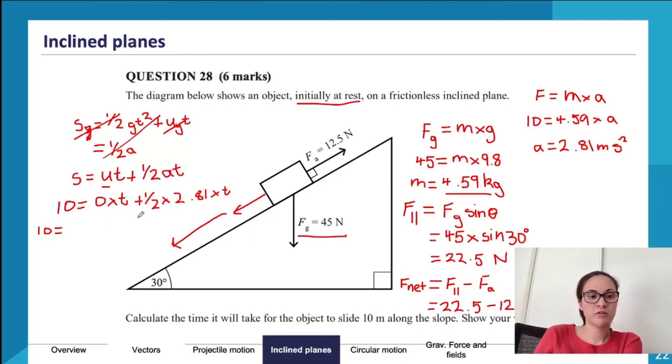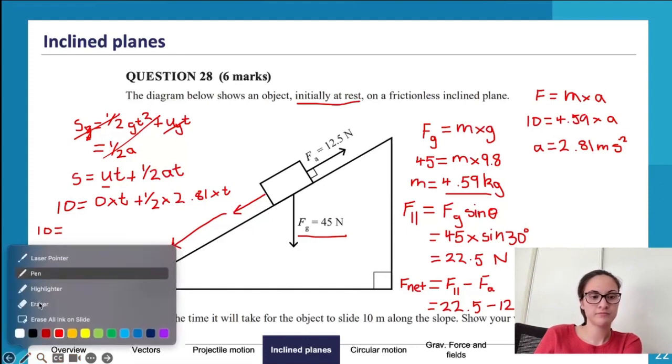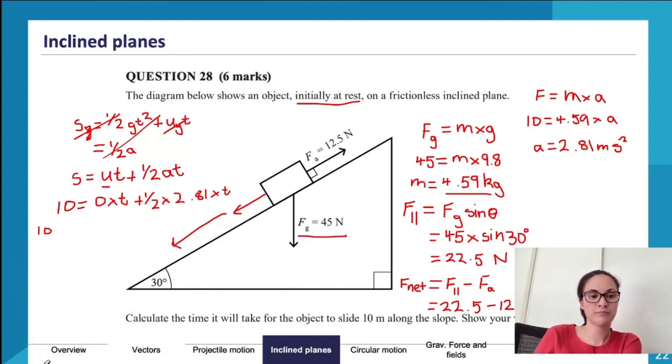But what we're going to do is we're going to actually go back a step. I'm going to make a little bit more room, and just have this already divided. So divided by half times 2.81. And that's going to be equal to time. It's now time.